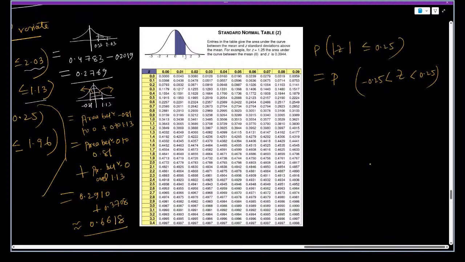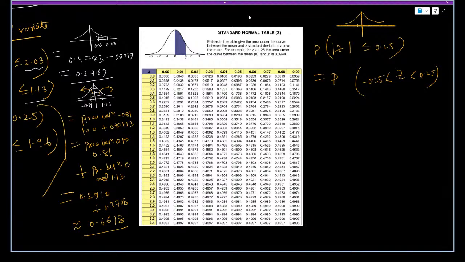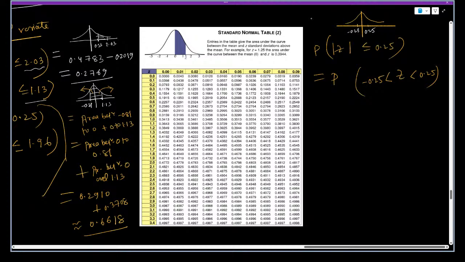Again by symmetry, what do you observe? If you go by the symmetry principle, when they are asking the area between minus 0.25 to 0.25, this is say 0.25. When they are asking the probability between these 2 points, it is actually this area. But the area on the left side of the y-axis, minus 0.25 to 0, is the same as 0 to 0.25.